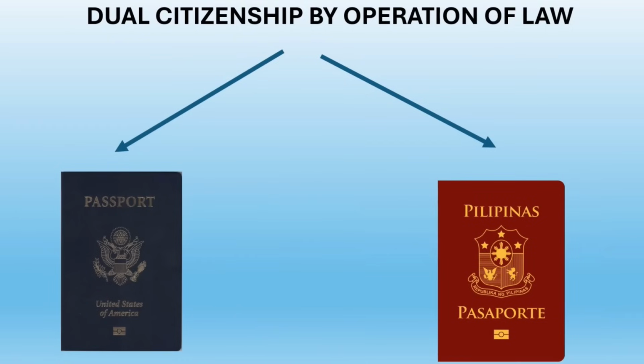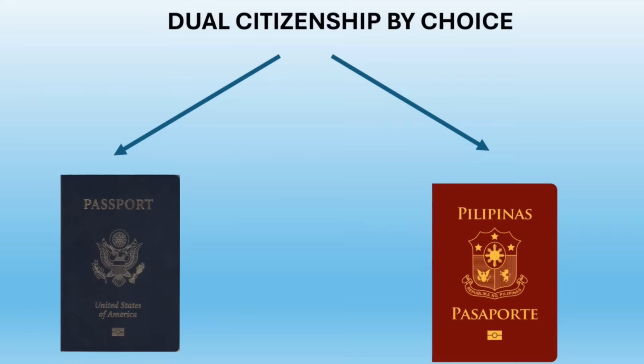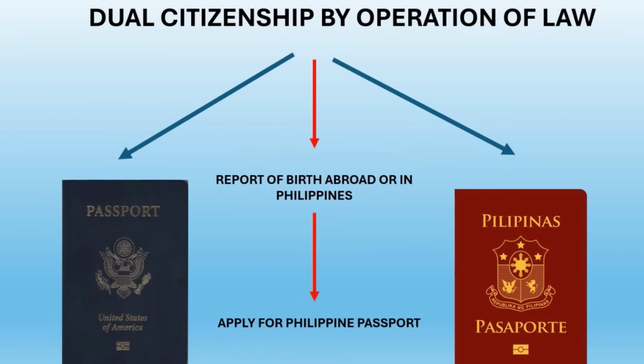There are actually 2 kinds of dual nationalities. The first is that you can be a dual citizen by operation of law, and the second is that you can also be a dual citizen by choice. A Filipino or former Filipino who has a child born abroad can submit a report of birth for the child.